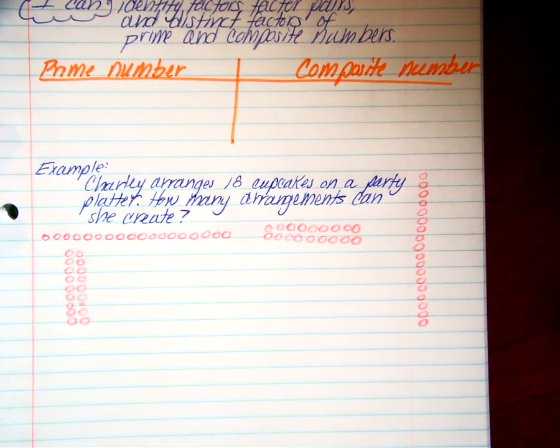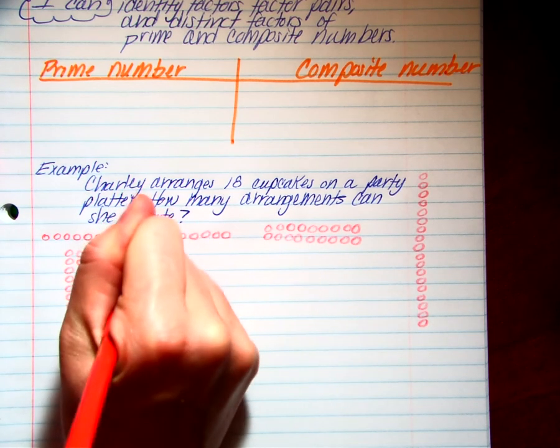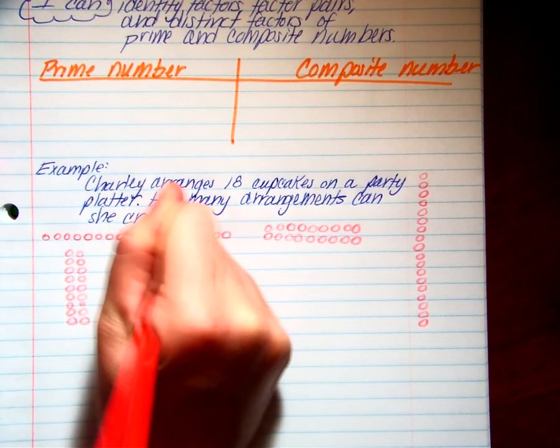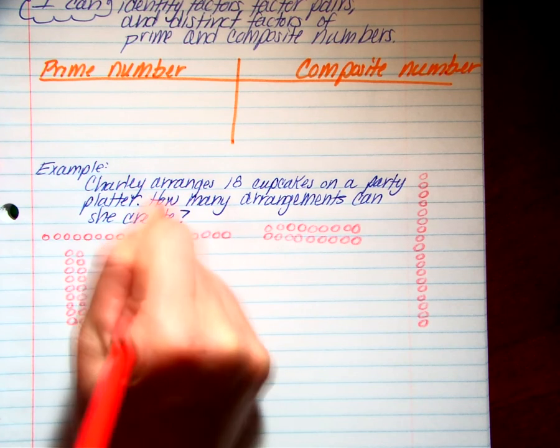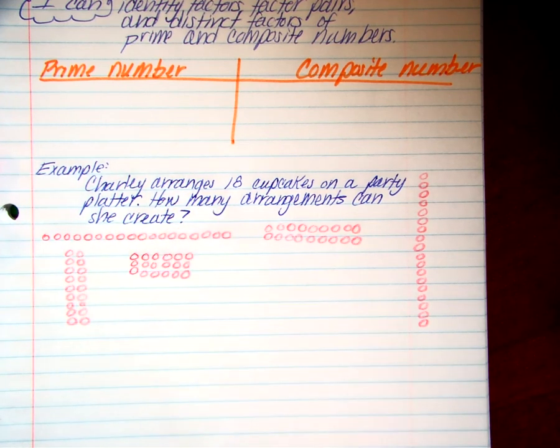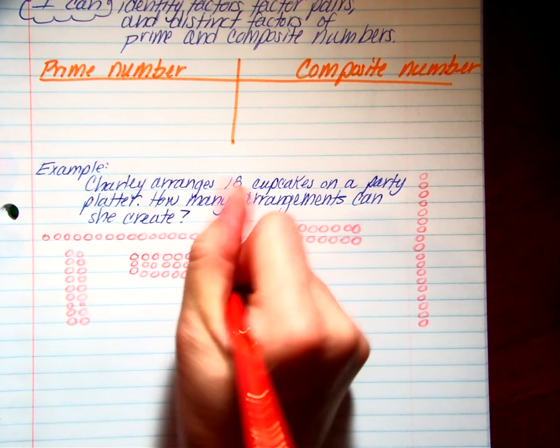What about 3? I did 1, I did 2. What about 3? I could do 3 rows of 6. If that's true, I could do 6 rows of 3.